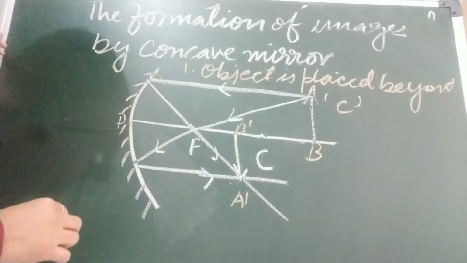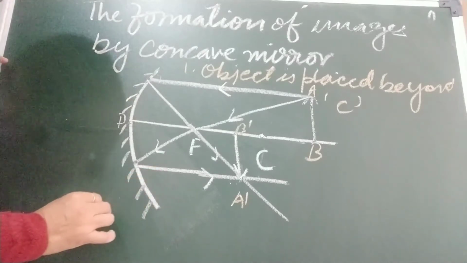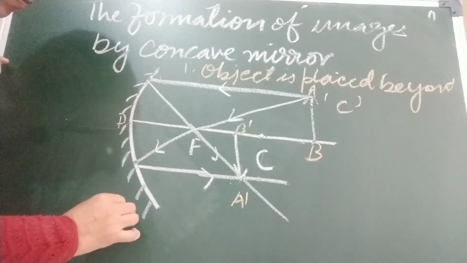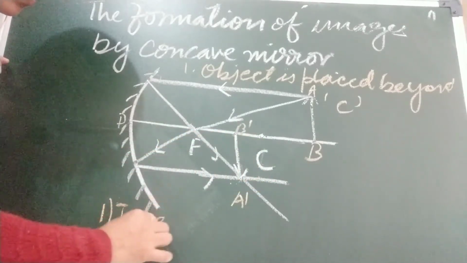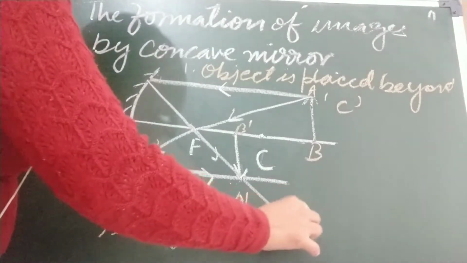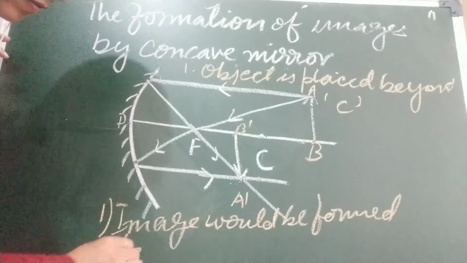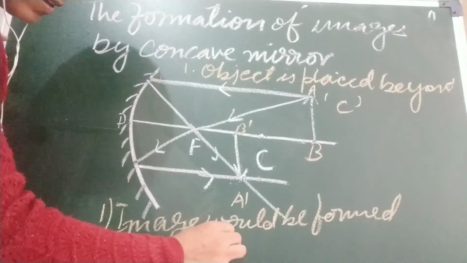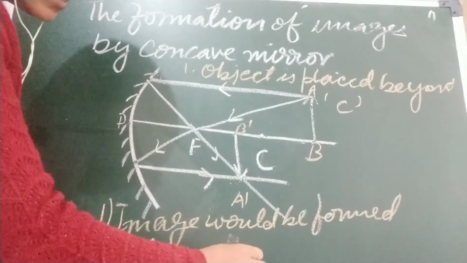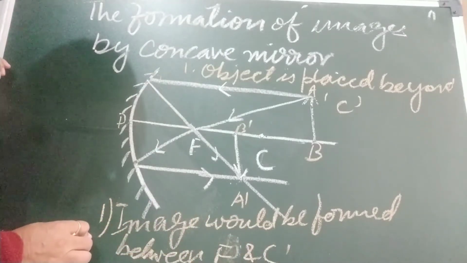Now what are the characteristics of the image? First, the image would be formed between F and C, focus and center of curvature. ठीक है, this is the first characteristic. अब कैसी है?